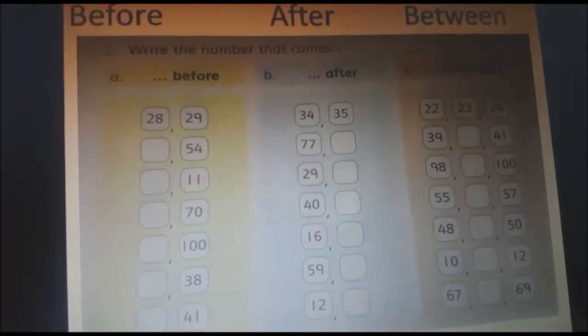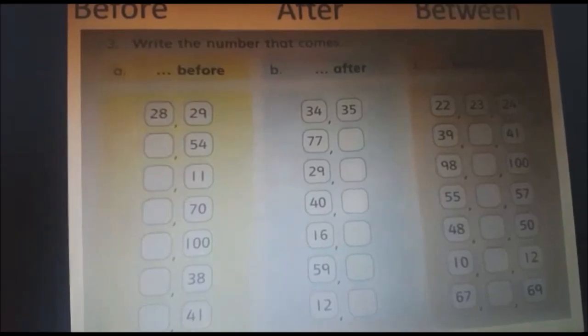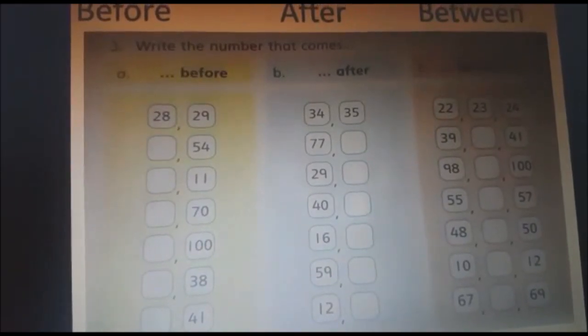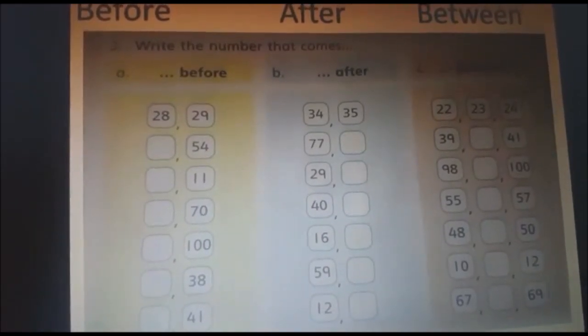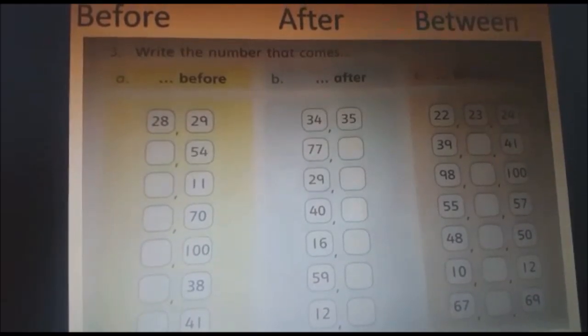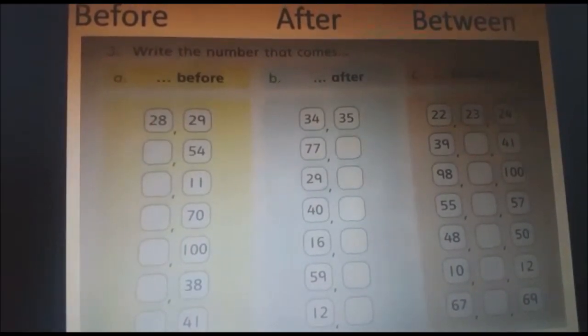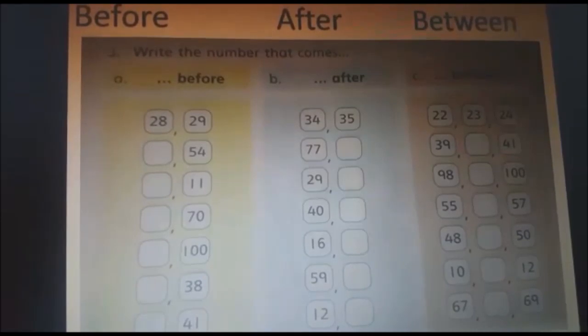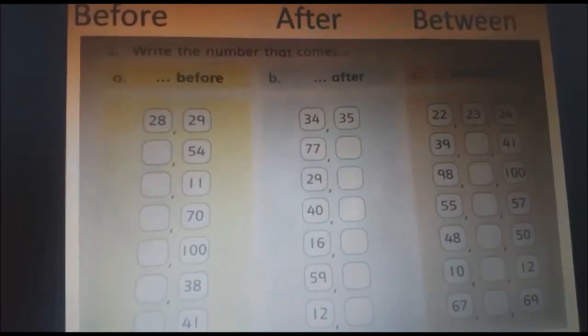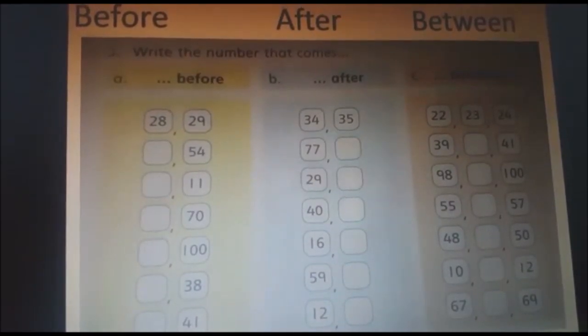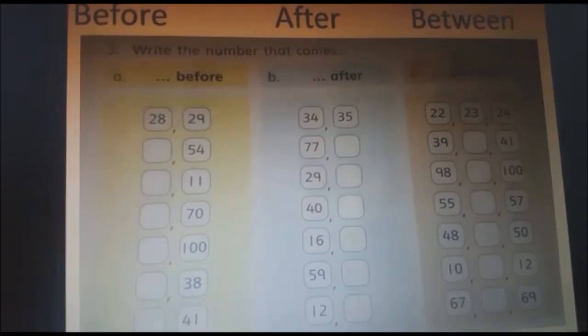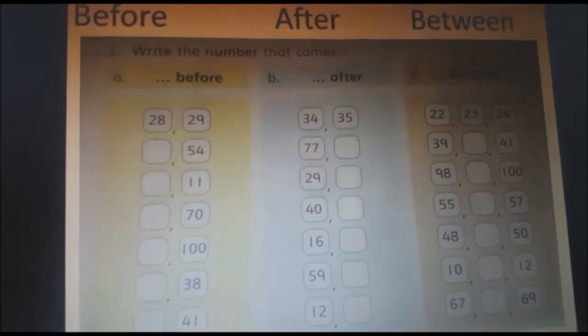And the last column is about between. Look at your book. 22, 23 and 24. Between 22 and 24, what comes? Yes, the answer is 23. The next line, what comes between 39 and 41?